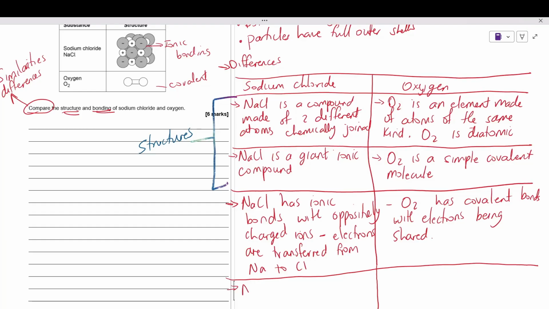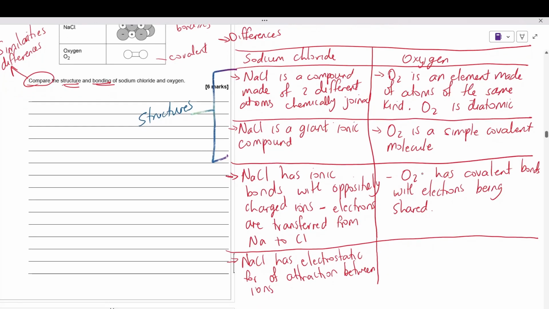Now let's explore the magnitude. I can mention that NaCl has electrostatic force of attraction between ions, while for my oxygen, O2 has intermolecular force between molecules.